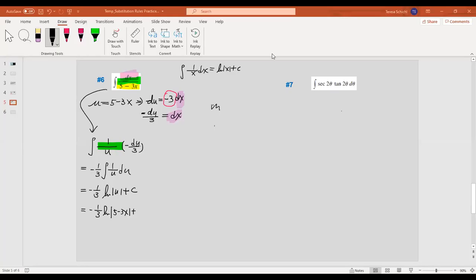Okay, but you do remember the secant tangent, right? From our basic set of formulas, you do remember the integral of secant x tangent x dx. What is this one going to be? It's going to be secant x plus c. That means the derivative of secant x will be equal to secant tangent dx.